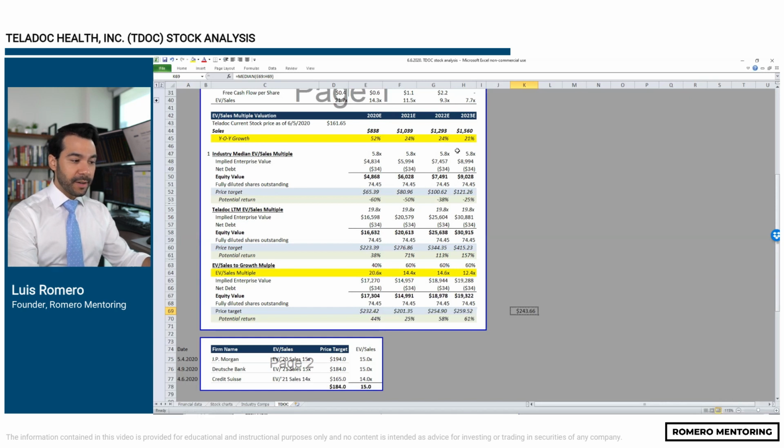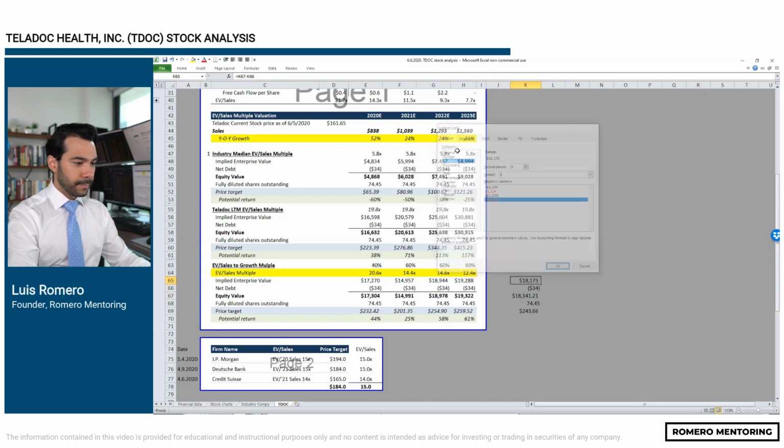We can take this and solve the equation, solve backwards. Here is my fully diluted shares. We can calculate our equity. Price target times shares outstanding gives us equity. We take into account our net debt. We add the net debt to get the enterprise value. This is subtracting it.